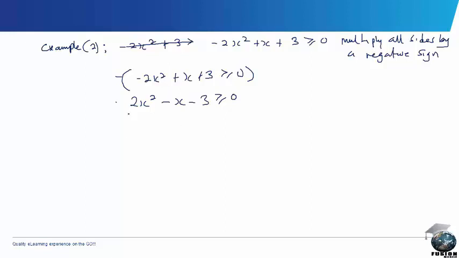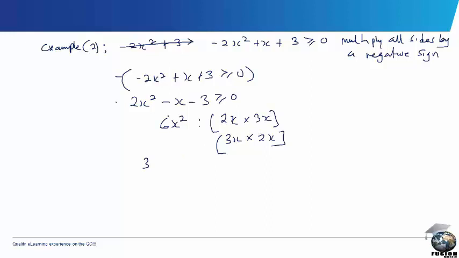And so we go into factorization again. Just like we said, we multiply the two terms and we have 6x squared. The factors that multiply together to give 6x squared are 2x times 3x, or 3x times 2x.